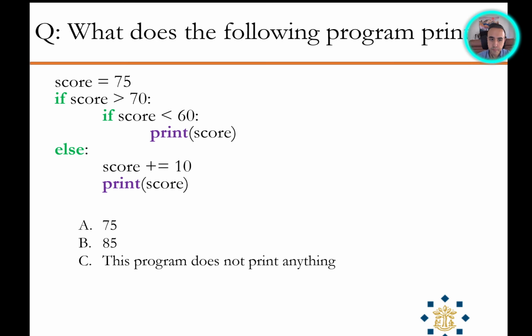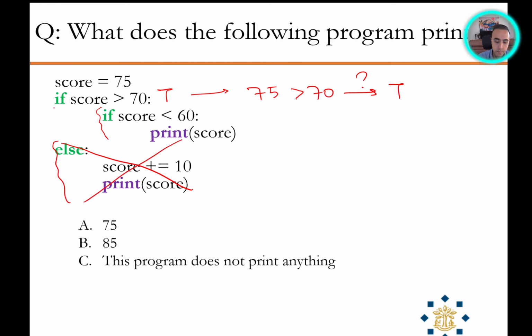Okay. So score is 75. Let's do 75 greater than 70. This is a true. So we are inside if. For else, we never check this part, because the if statement is true.